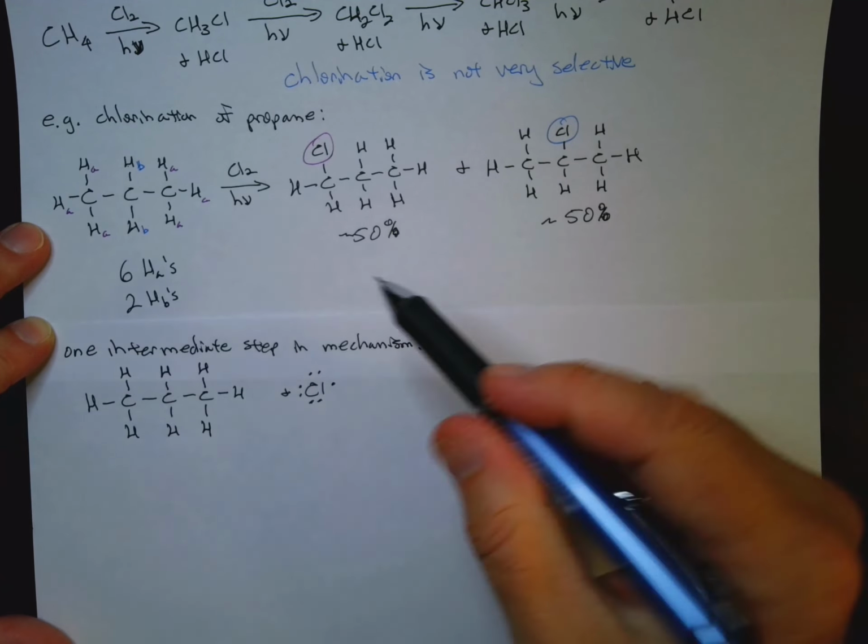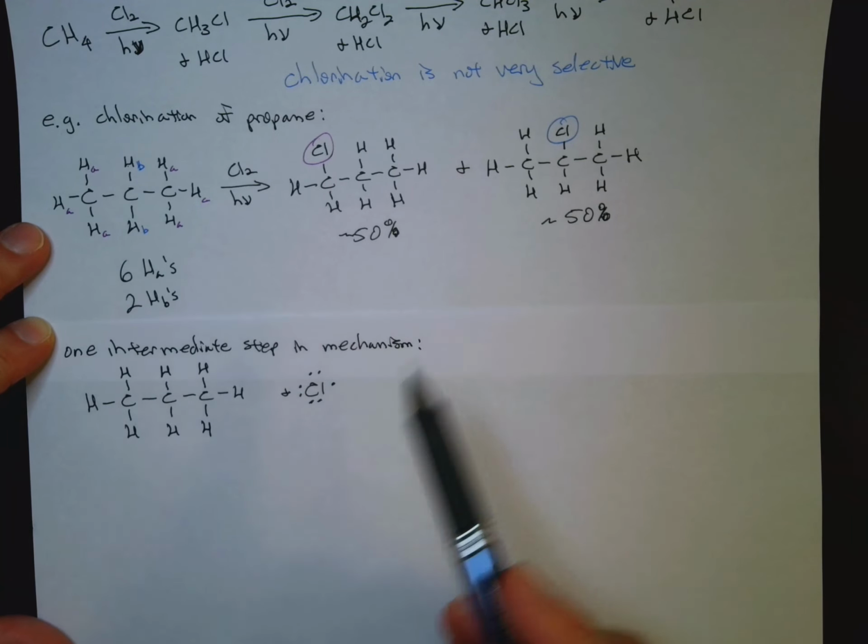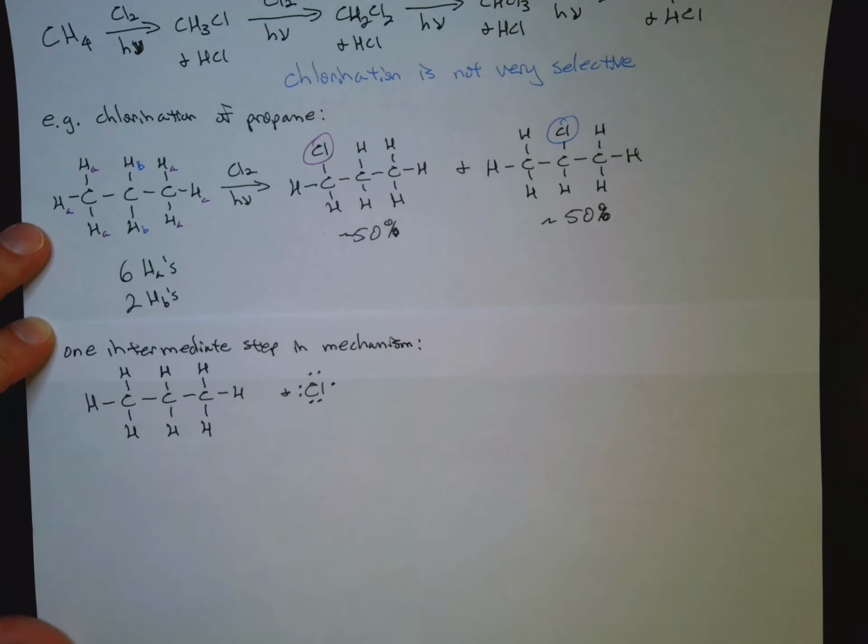In the initiation step, the chlorine falls apart to give us 2 chlorine radicals.